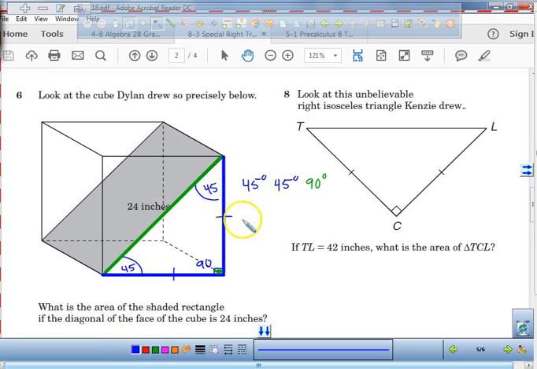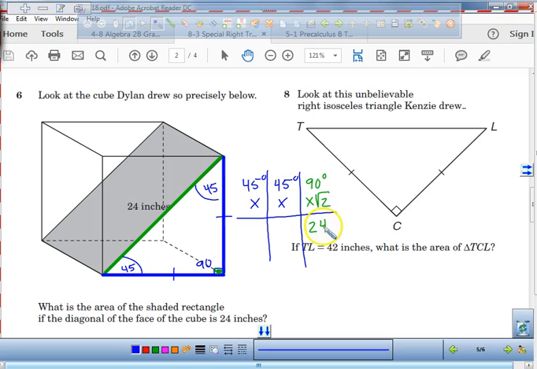Okay? And then I'm going to write an X and an X, and then X radical 2. So right now, everybody, realize that the hypotenuse of this right triangle is equal to 24.